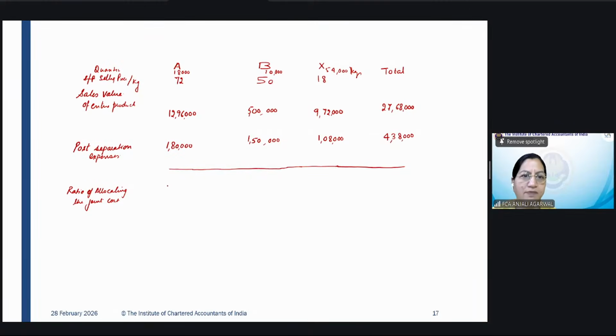So 1296 minus 180, 11 lakh 16,000, 5 lakh minus 150, 3 lakh 50,000, 972 minus 108, 8 lakh 64,000.